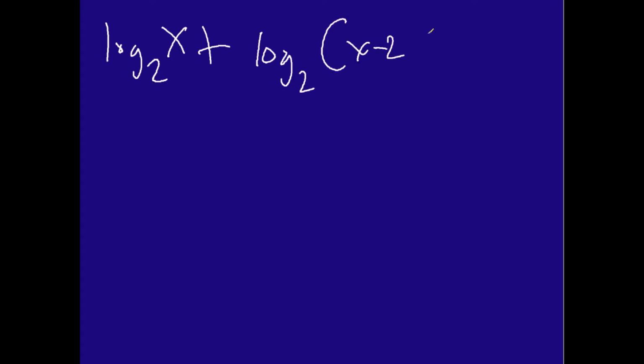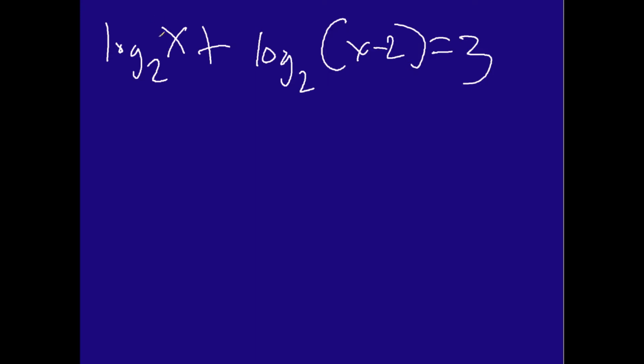Let's do another one. This time, I have log base 2 of x plus log base 2 of the quantity x minus 2, and all this equals 3. All right, now the first thing we're going to do here is use the product property.